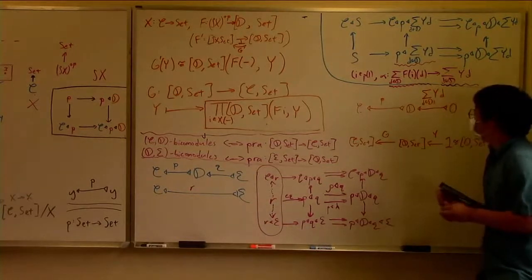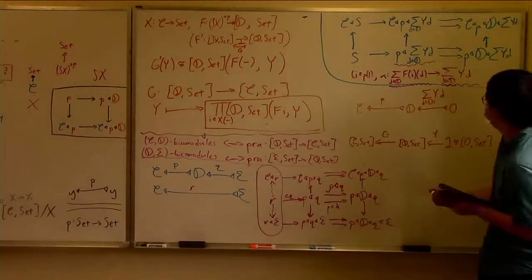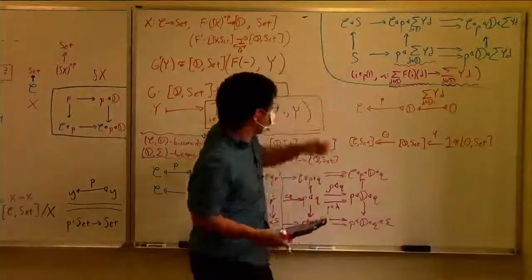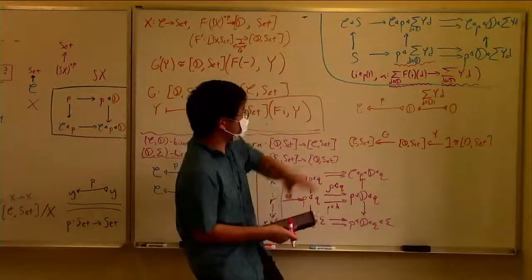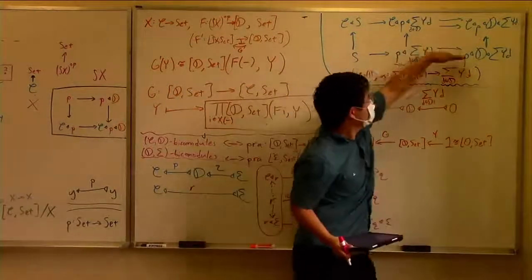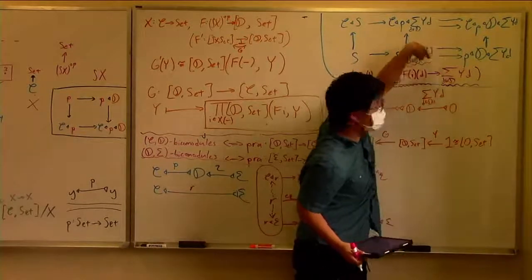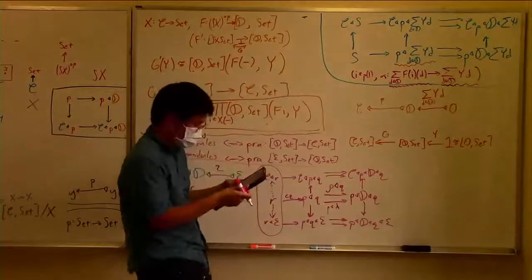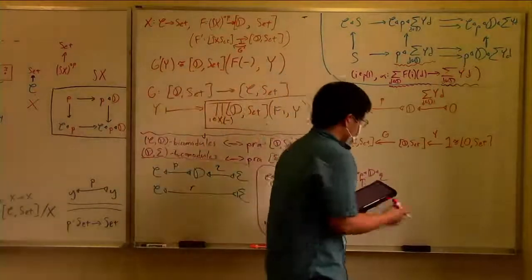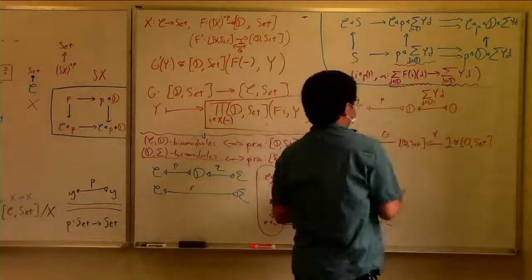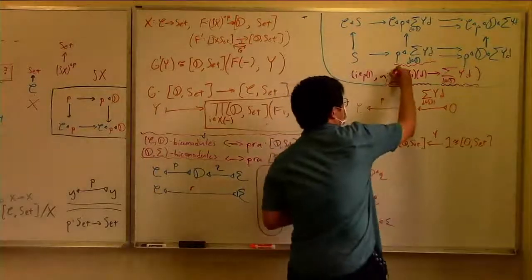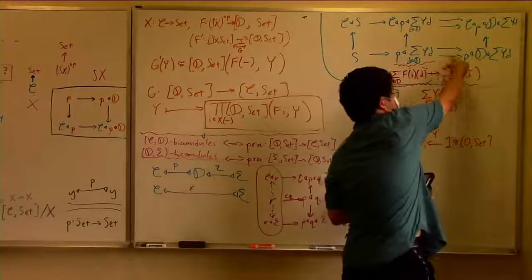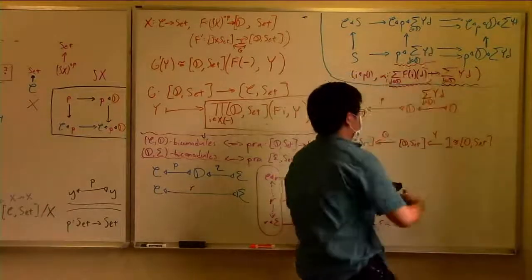And it turns out that what this equalizer guarantees, so this equalizer is going to be all pairs that look like this, that satisfy the fact that these two morphisms send them to the same thing. And so you're going to get several equations out of this. One equation is that if you figure out which element of D this part came from, it's going to be the same as the element of D that this part came from.